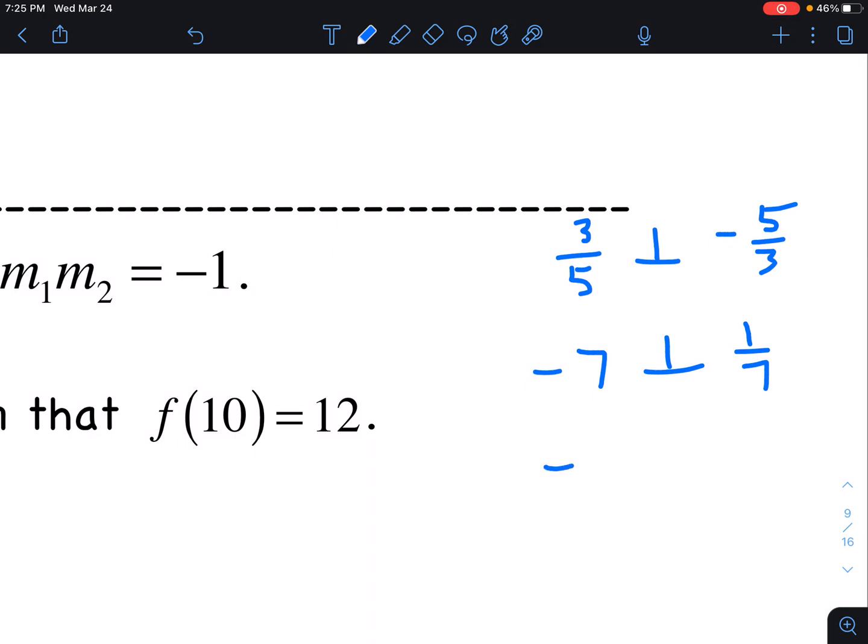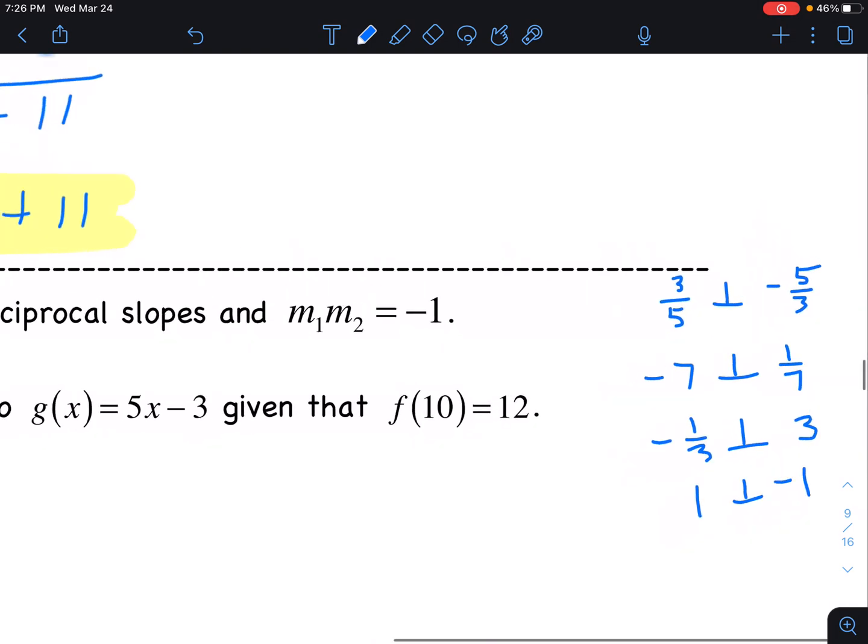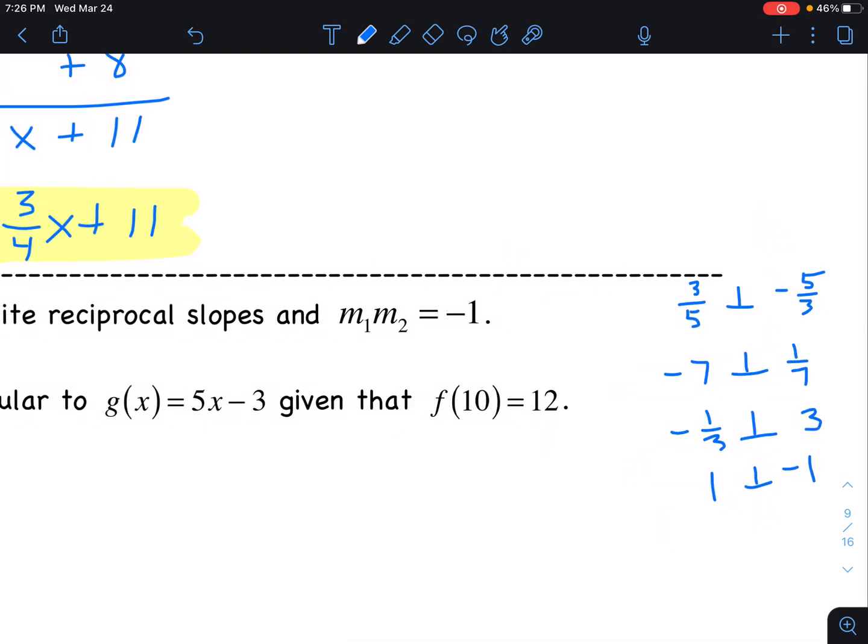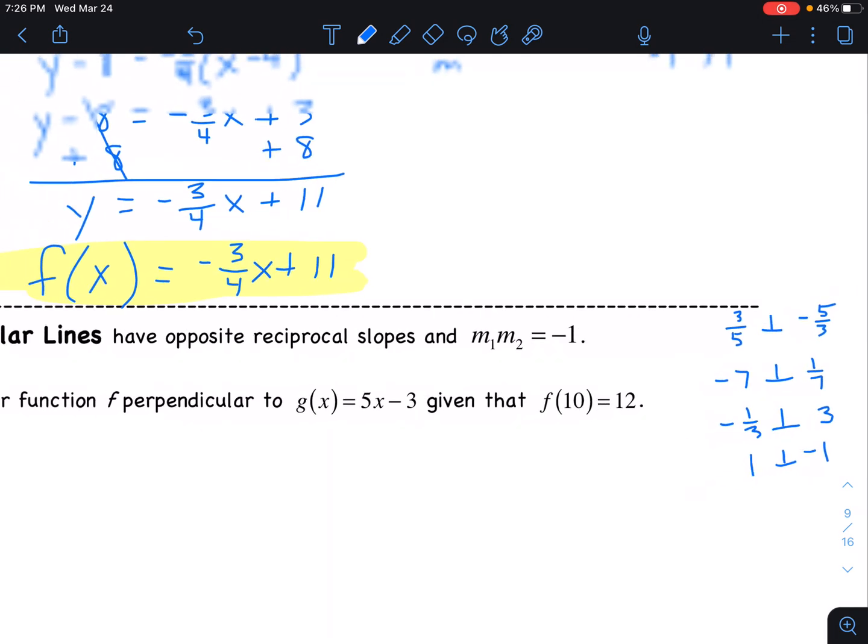What about -1/3? What would be perpendicular to that? +3/1, which is 3. And what about 1? What's perpendicular to 1? It would actually be -1. 1 upside down is still 1, and of course change the sign. So there are some examples of perpendicular slopes as a reference point for you.